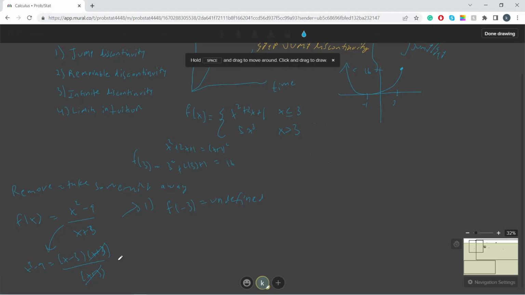Now, because of that, technically f of negative 3 would equal negative 6 if we could simply remove this x plus 3 term in the numerator and denominator, but you get an undefined. f of negative 3 is undefined.